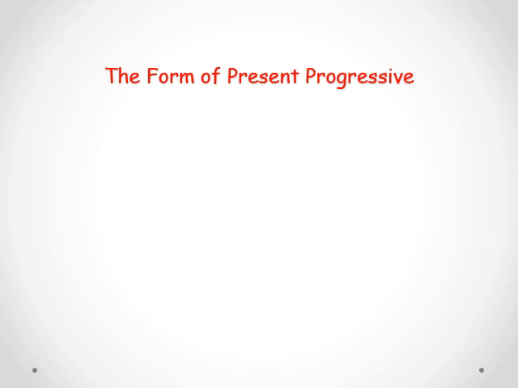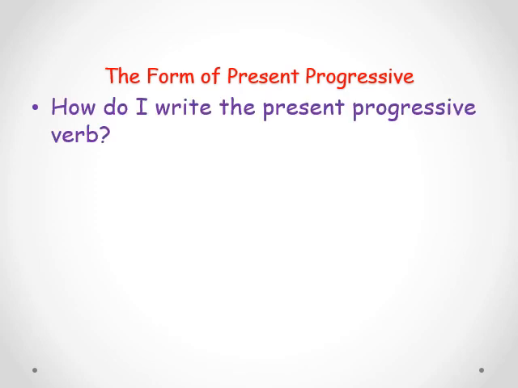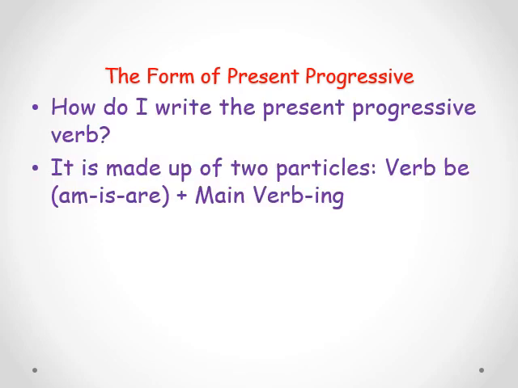Now, what about the form of present progressive, or how do I write the present progressive? How do I write this verb? Well, it is made up of two particles. It's made up of verb to be either am, is, or are, plus the main verb with ing.